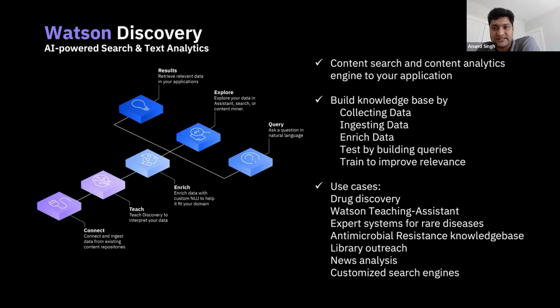So it gives you a lot of data ingestion tools. It provides an interface to enrich your data. You can train a machine learning model off the shelf for entity enrichment in natural language text and put it inside Discovery as additional intelligence. So it has its own enrichment, but it also offers you an interface to add your own enrichment to it.